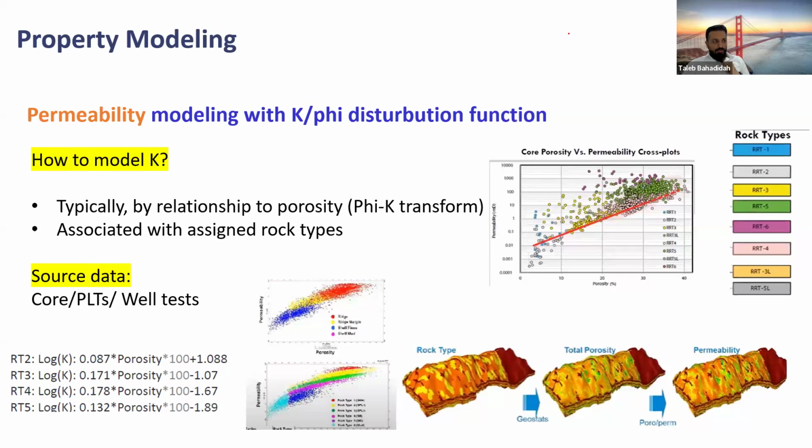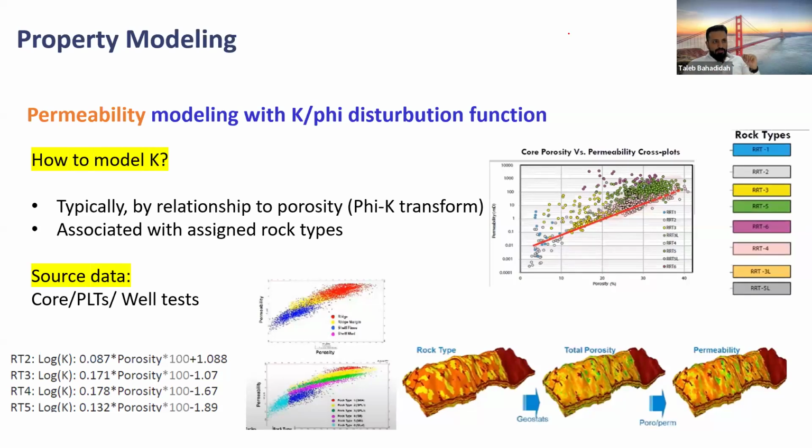If you have logs from the petrophysicist for the permeability, then you can use a similar approach to model permeability, and you just need to co-krige this permeability to the porosity. In co-kriging, you are using porosity as a secondary variable to distribute your permeability.